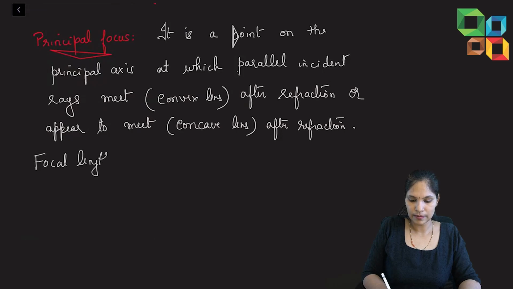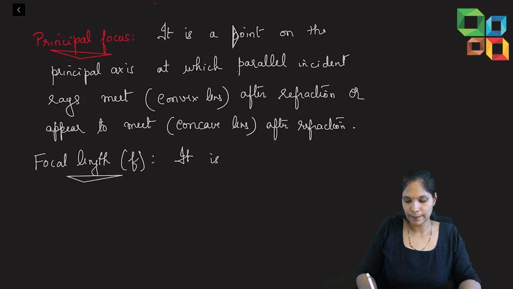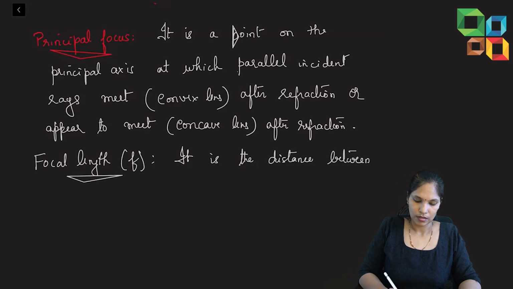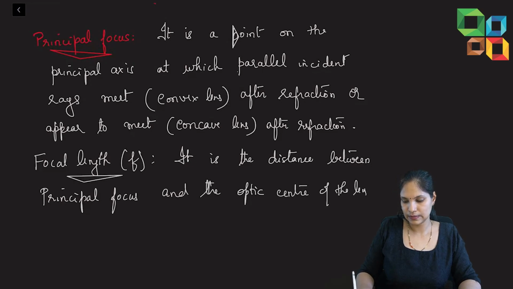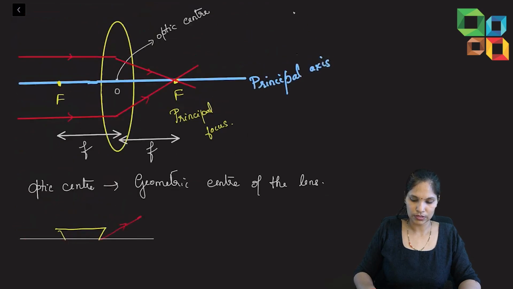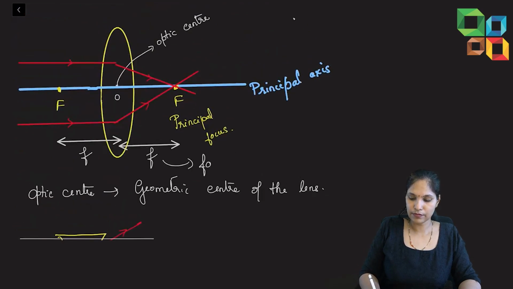Focal length, denoted by symbol small f, is the distance between the principal focus and the optic center of the lens. So this is the focal length. And that's there for concave also. I'm not going to do that.